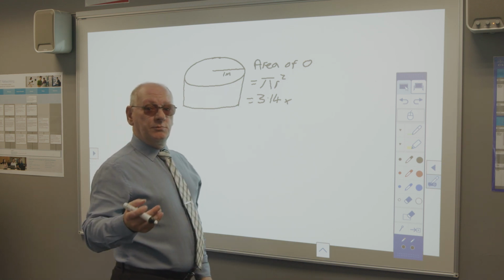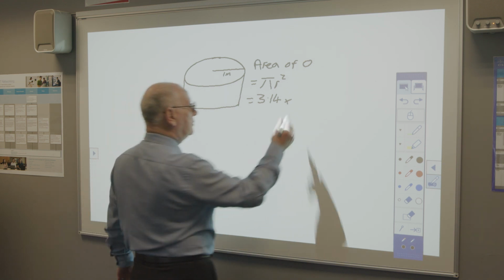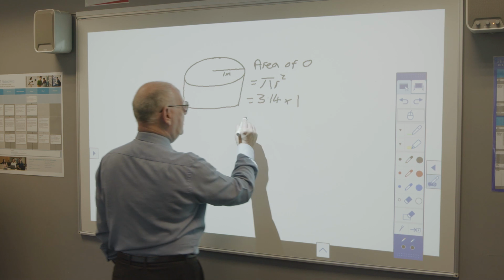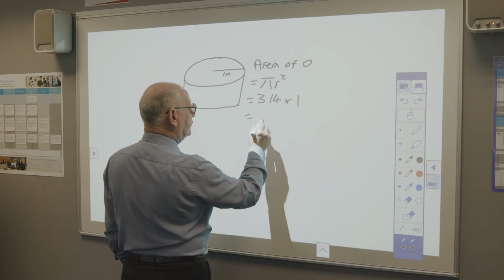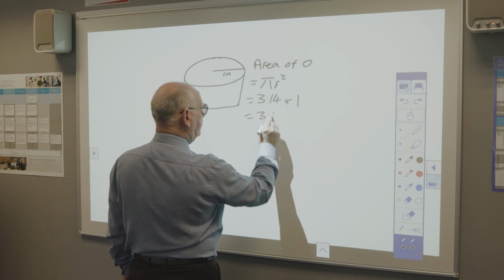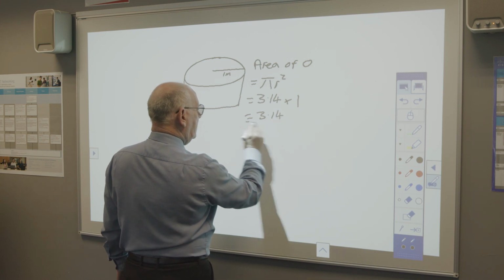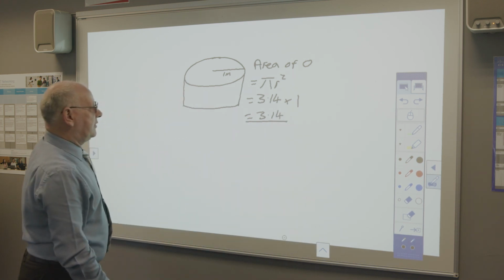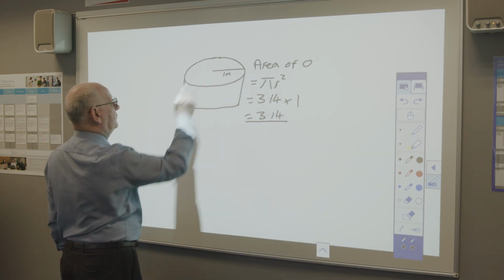When you times it by itself, 1 is 1, so that's nice and easy. 3.14 times 1 is 3.14. So that's the area of the top.